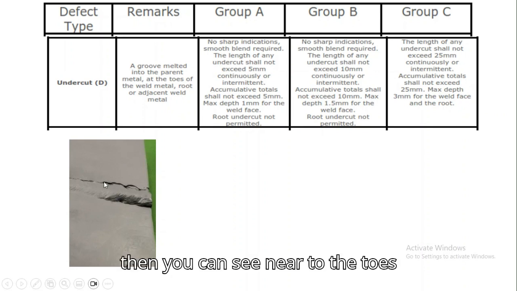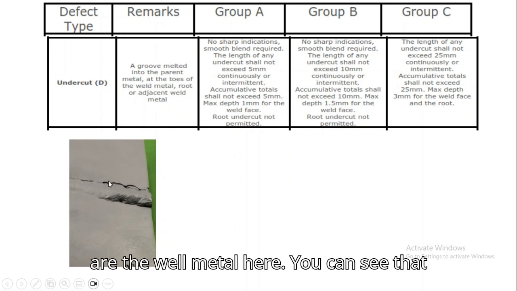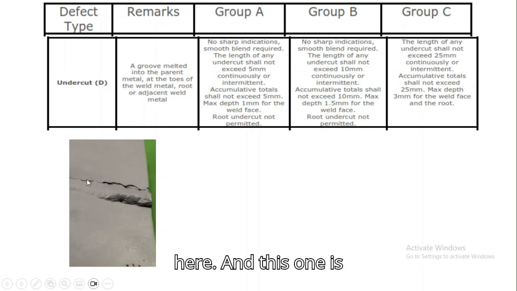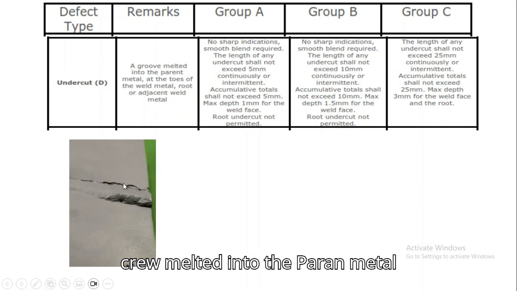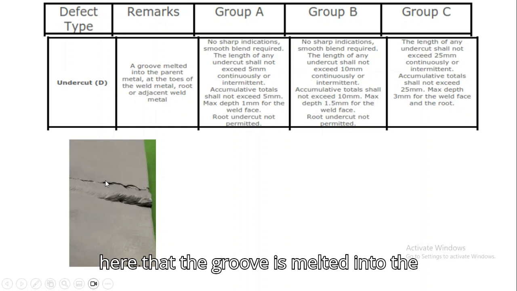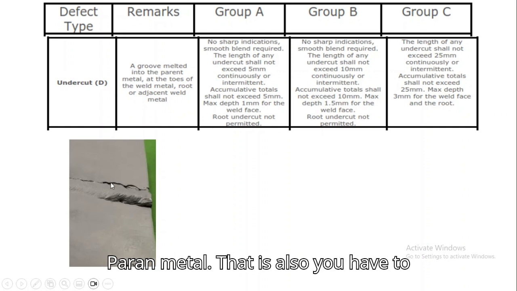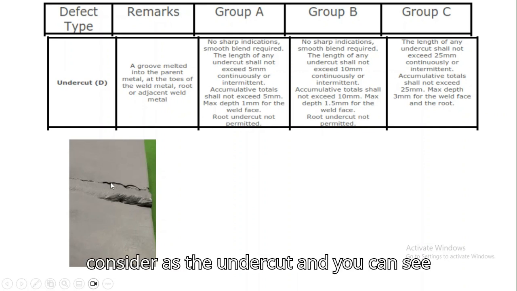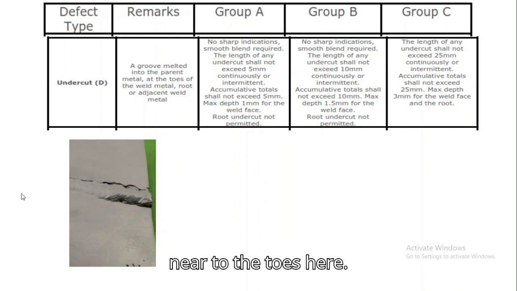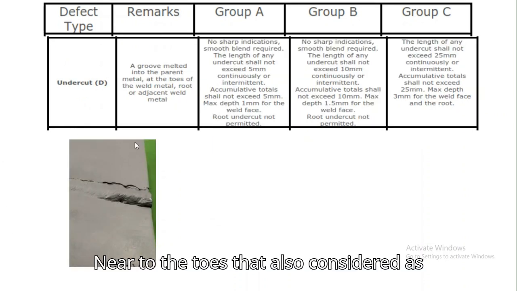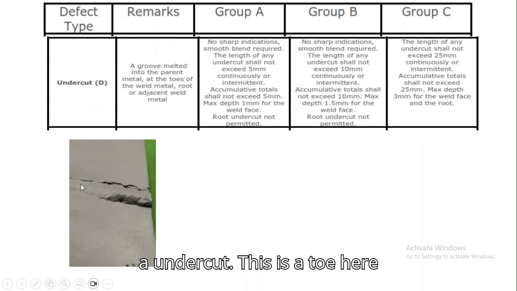Then you can see near to the toes of the weld metal. Here you can see the groove melted into the parent metal. That also you have to consider as undercut. And near to the toes, that is also considered as an undercut.